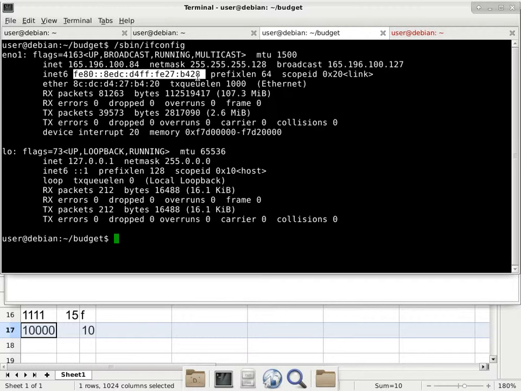Now, when you look at the other number, it doesn't look like a hexadecimal number. This is actually all in decimal. But when you look at each segment, it can only go up to 255. In other words, 84 is going to use up 1 byte, 100 is going to use up 1 byte, 196 is going to use up 1 byte, 165 will use up another byte.